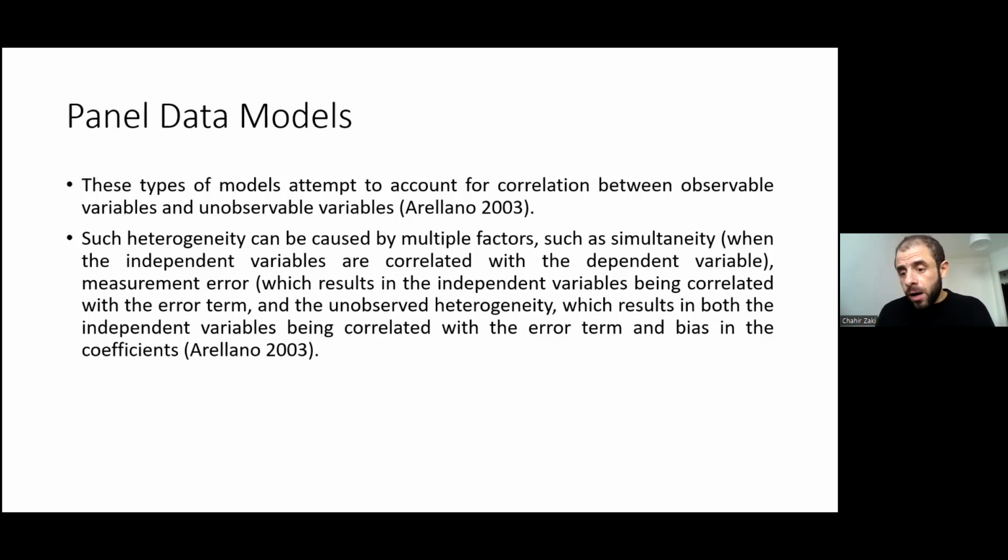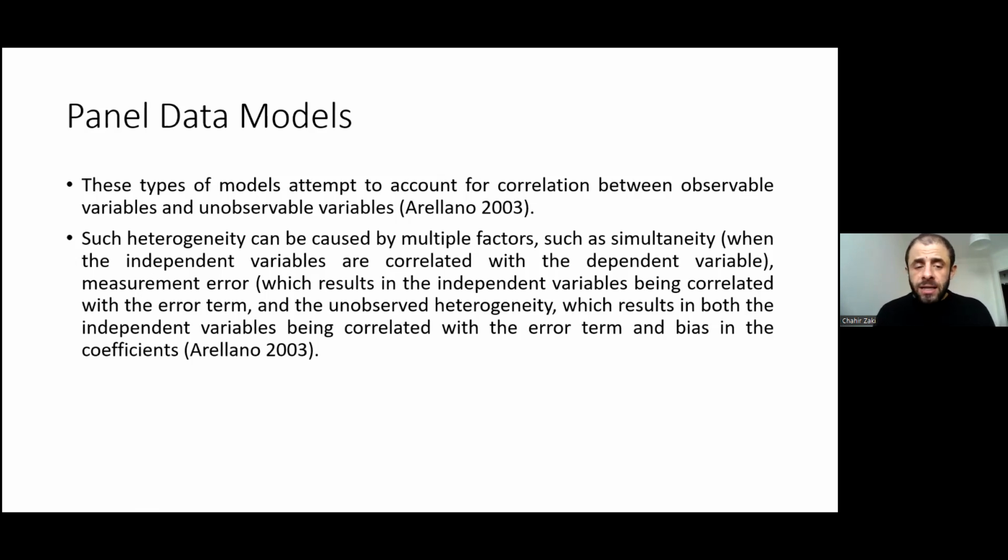The same thing applies to Muhammad. I cannot observe everything, and Seda, and so on. So if I have to control for those unobservables, I must make sure that I'm observing the same individuals over time to make sure that these characteristics are controlled for. And I will get back to this later.